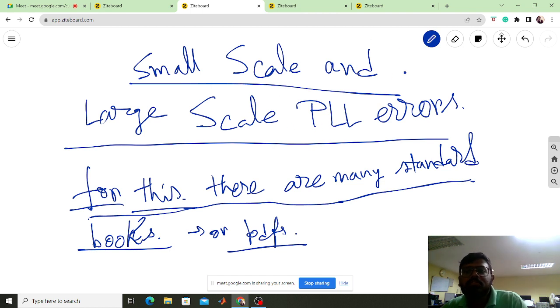Mainly this depends on the steady state error type of thing. You can follow the control system books where the phase lock loop system errors and all these things are already described. That's the big error analysis, and you can find it there. That's not a big thing.